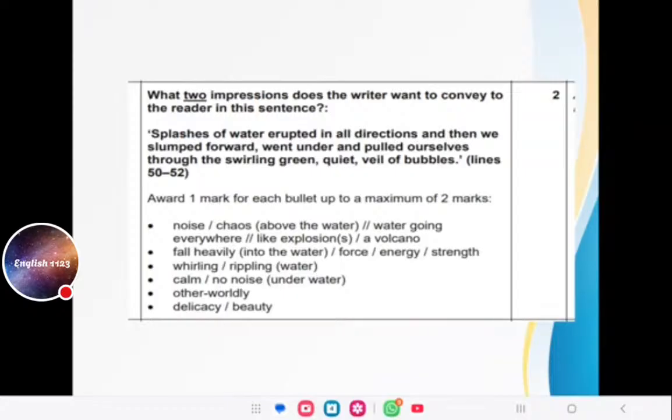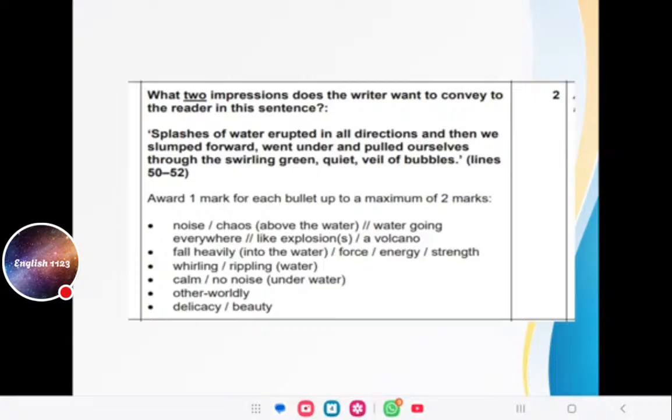So you just have to write 2. Whirling and ripping water, calm, no noise underwater. When you are talking about the life underwater, there was this, and pulled ourselves through the swirling green, quiet. This word quiet is giving us the impression that on the surface of the sea it was quite noisy, but when we went under it was quiet.